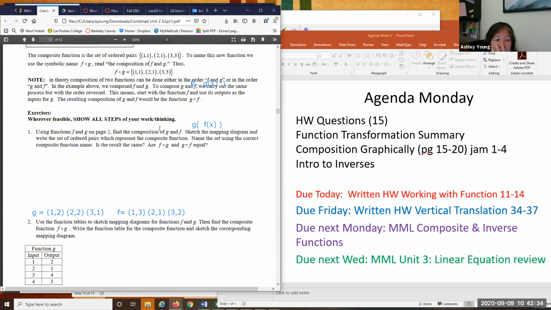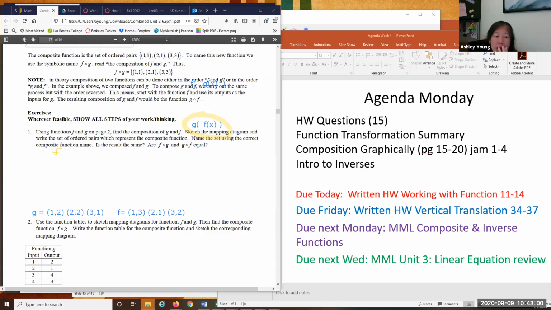Okay, so I want G of F of X. This is what I want right here. I need to do F first, so first we're going to do F. You should all be writing this with me.